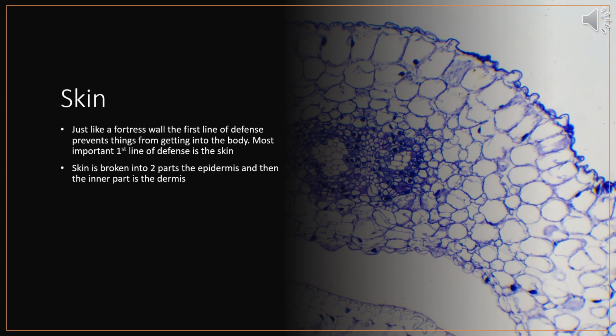The skin is much like this. The skin is our outer wall protecting us from bacteria from entering. It is, once again, the most important first line of defense. The skin is broken down into two different parts: the epidermis and then the dermis. The epidermis is a thin outer layer, and the dermis is a thicker inner layer of our skin.